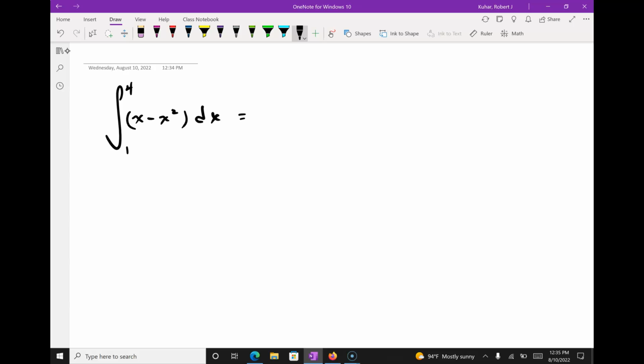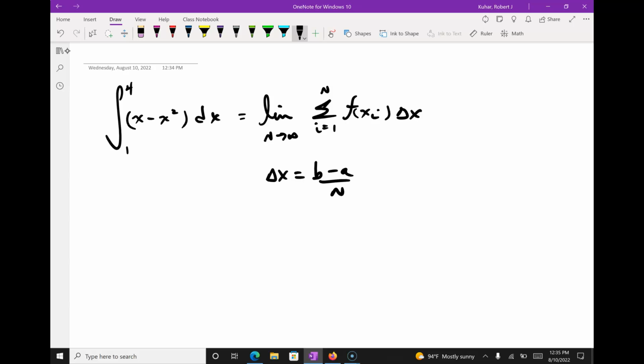So we know that this is going to equal the limit as n goes to infinity of the sum of the first to the nth rectangle with a height of f of x sub i and a base of delta x, right? And automatically, we know delta x is b minus a over n, and x sub i is a plus delta x times i.